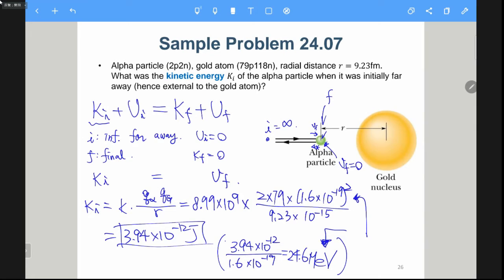One eV is like using 1 volt of potential difference to accelerate 1 electron, and then the energy of the electron will be 1 eV. This is the physical meaning of the eV.